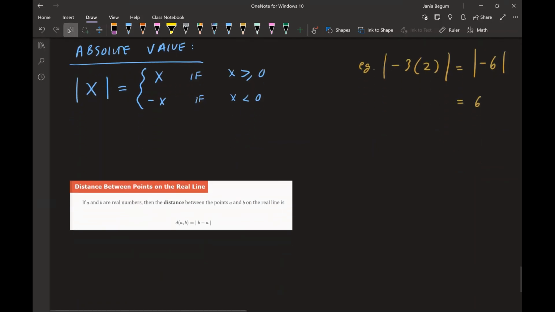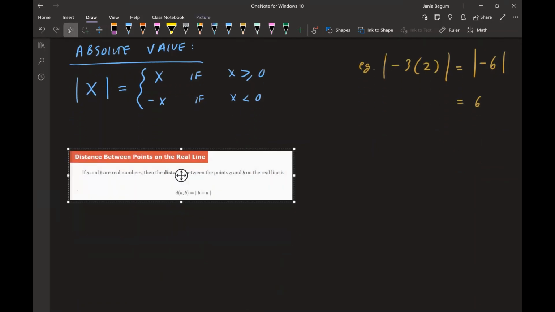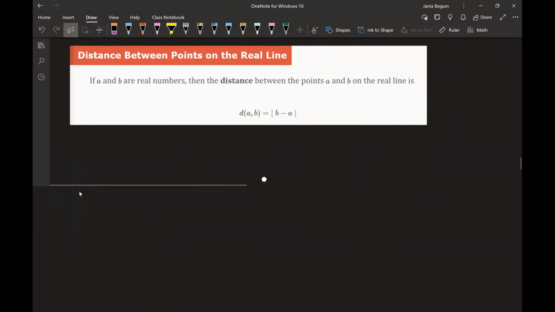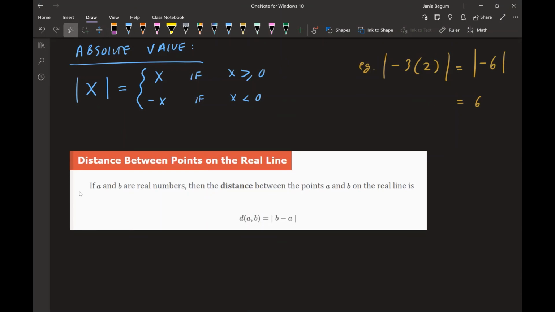Another way to see it is as a distance function on the real line. So if you look at two real numbers on the real line, and if you want to measure how far they are, you can do it this way. So this is a notation we use.